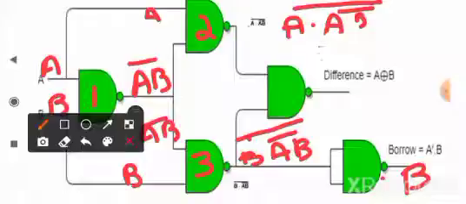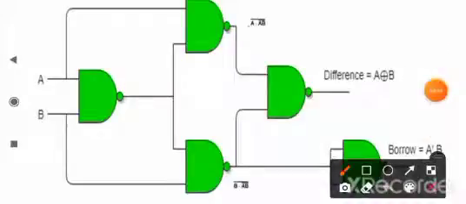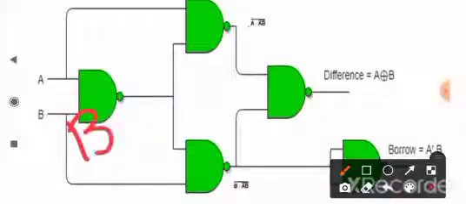So what we get as output is not directly A complement B. What we are getting is B dot AB complement, double complement.